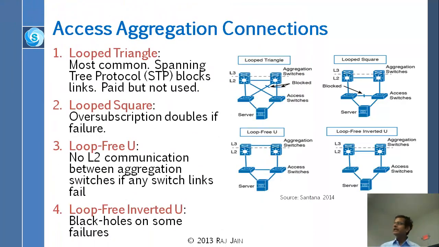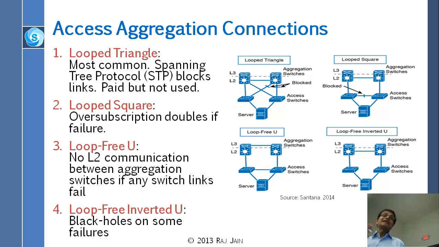Now there is one more detail as to how you connect these switches. The normal method is that you connect the top of the rack or the end of the rack, it doesn't matter where they are, a server to two switches, and two switches to two switches, and two switches then going on to the higher layers. The aggregation switches actually have two layers, layer 2 and layer 3.